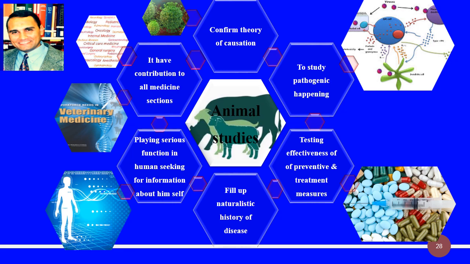Animal studies by the experimental way fill up the natural history of the disease. They also play a serious function in a human seeking information about himself, whether he will take this infection or not. Also, they contribute to all medical sections.